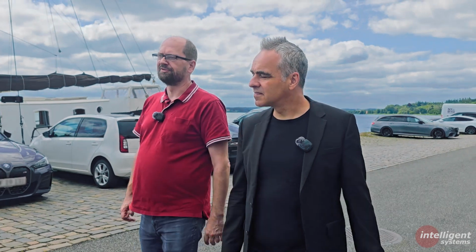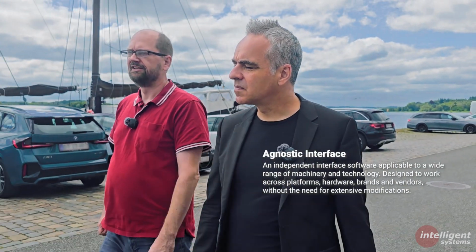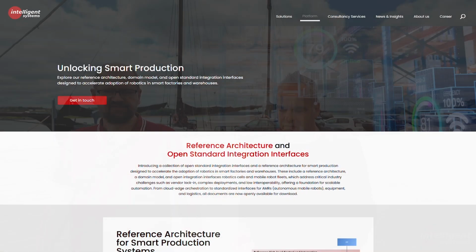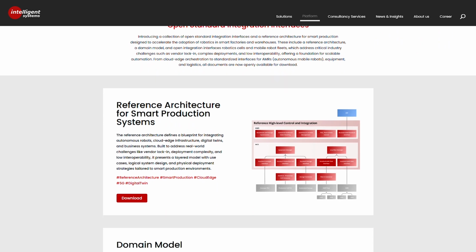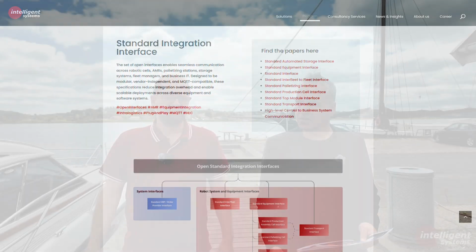The intention is to create a vendor and protocol agnostic interface. So the same interface can be used by different vendors or with different protocols. As I've understood, there are a number of interfaces, both for connecting to IT systems and for different kinds of robot solutions.